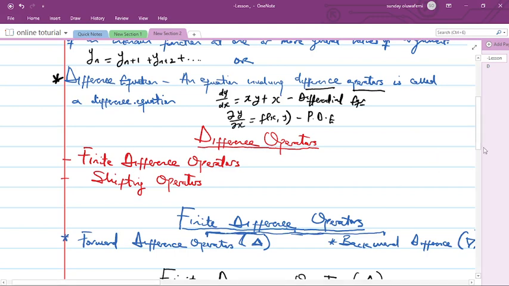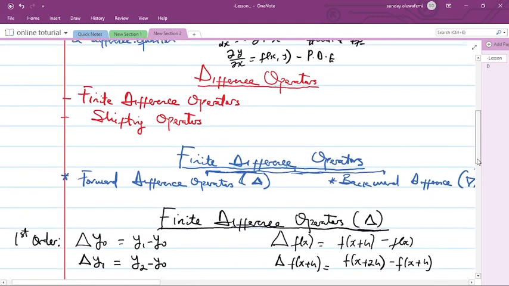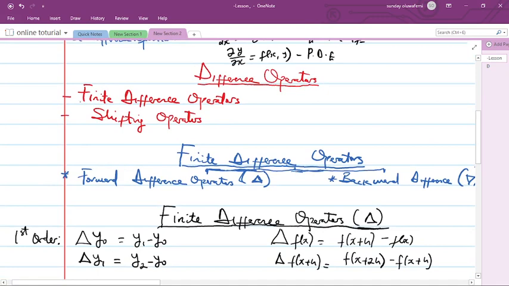Alright, so let's check difference operators. Just relax, you'll find it very simple and very interesting. First, we have two types of difference operators that we'll be checking under the study of difference equations. The first is finite difference operators, and the other one is shifting operators.